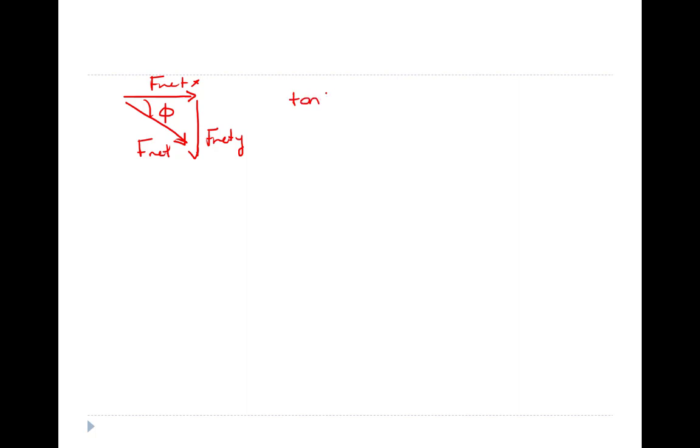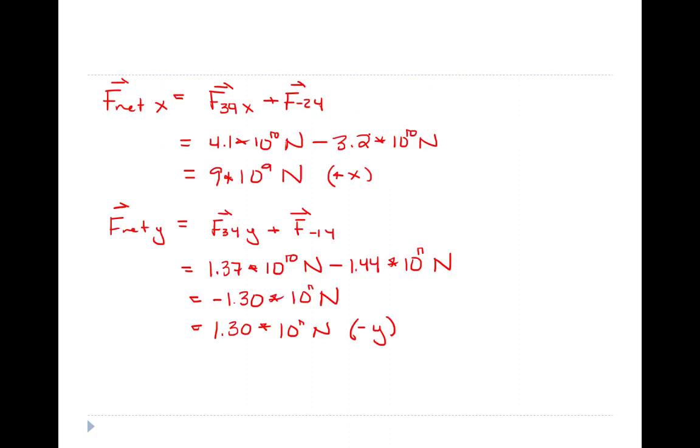I can write that the tangent of phi will be F net y, opposite side, divided by F net x, the adjacent side, and when I plug my numbers in and take an inverse tangent, I find that phi is 86 degrees, which shouldn't really surprise me because my y component is so much bigger than my x component, almost a factor of 10 bigger.